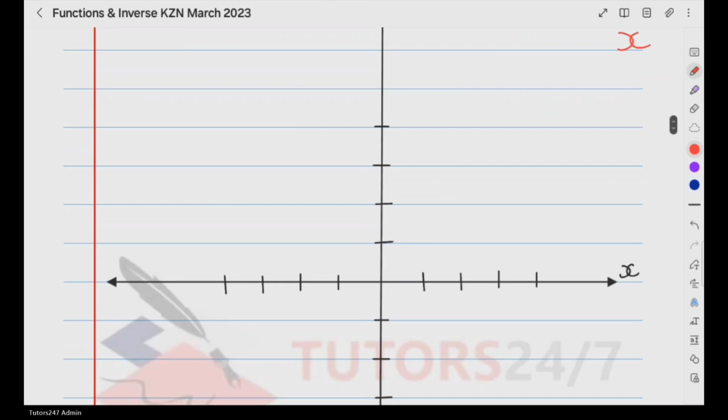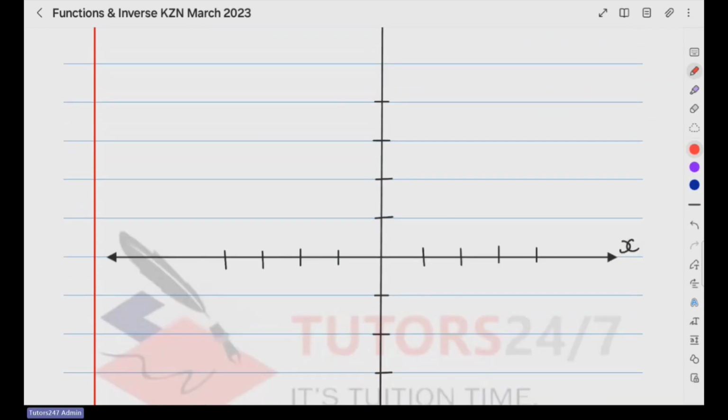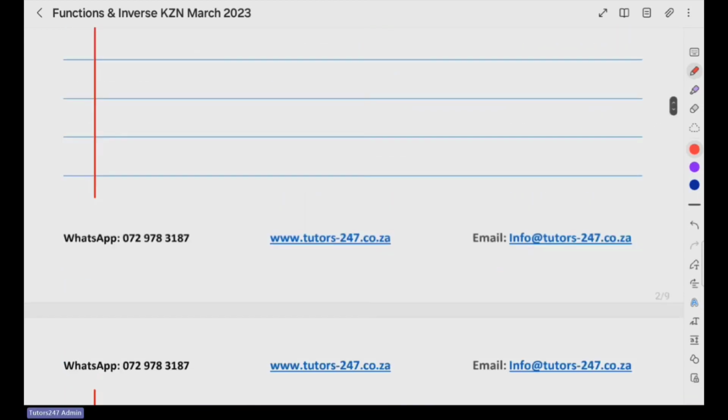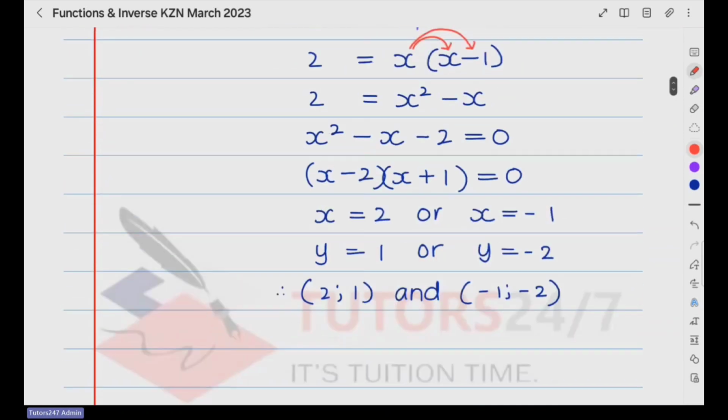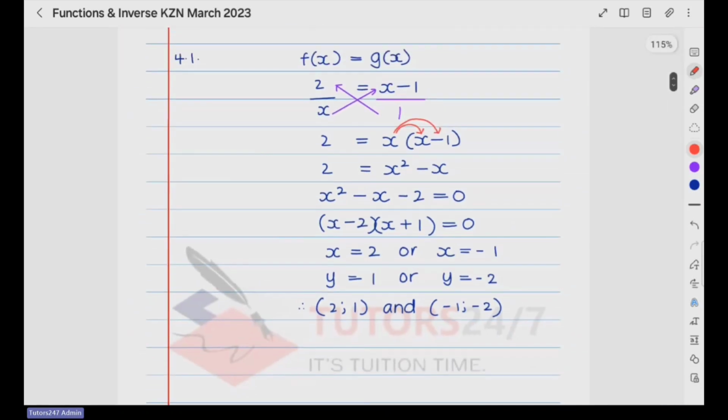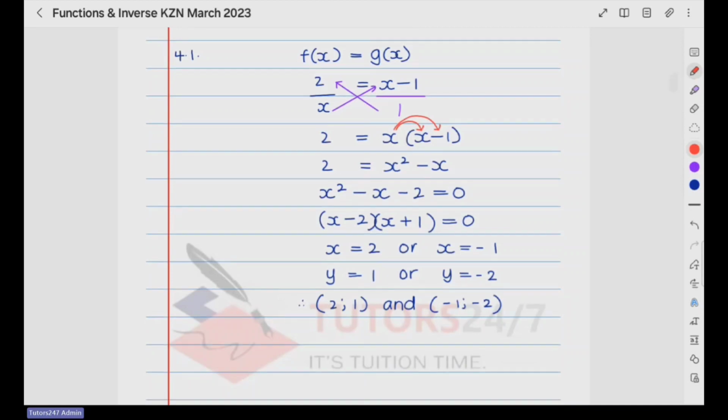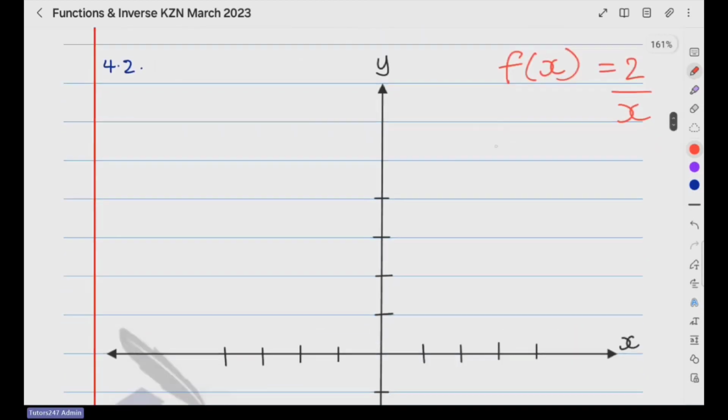Now, we are going to sketch our function, but before we do that, keep in mind we made a note regarding the points of intersection. So we know that our function f has coordinates (2, 1) and (-1, -2). So these are coordinates on our function.